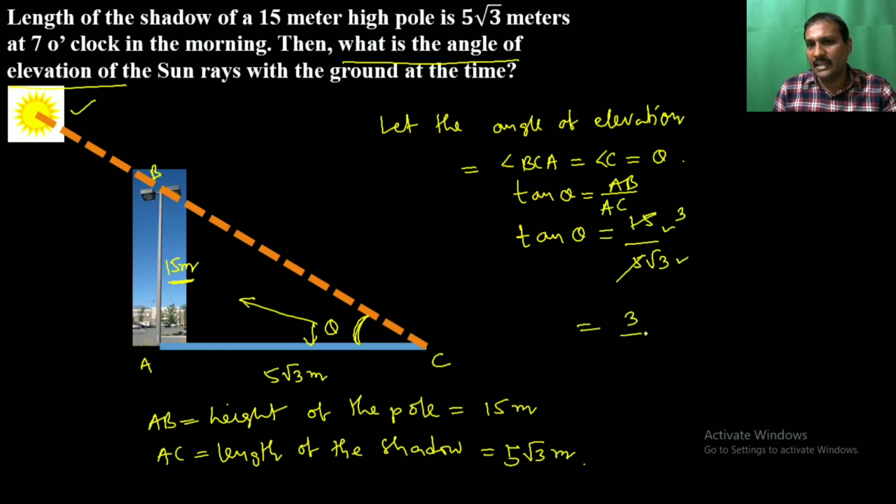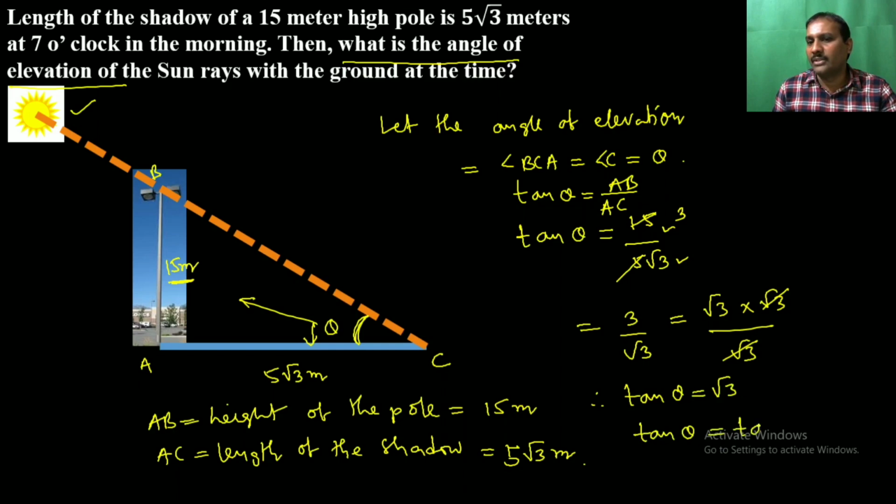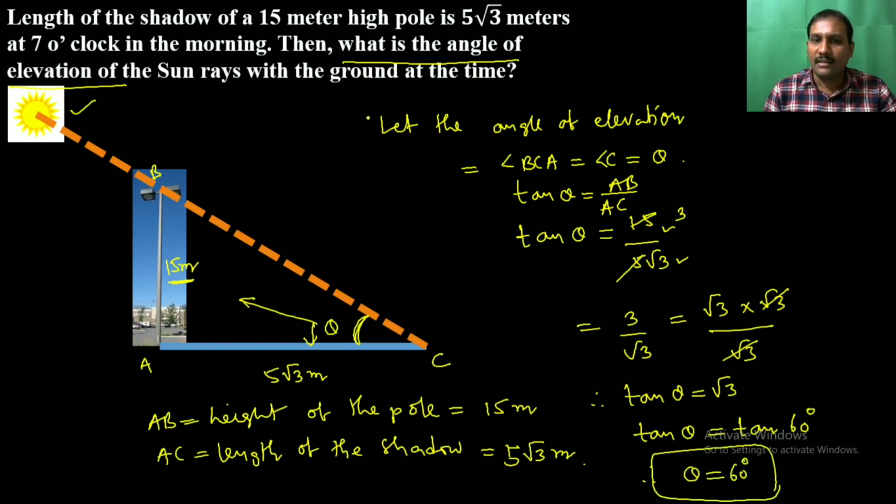So that is 3 by root 3. And 3 can be written as root 3 into root 3 by root 3. Root 3 gets cancelled. Therefore, tan theta is equal to root 3. So for what value of theta will tan be root 3? That is tan 60 degrees. Therefore, theta is equal to 60 degrees. The angle of elevation of the sun rays with the ground at 7 o'clock in the morning is 60 degrees.